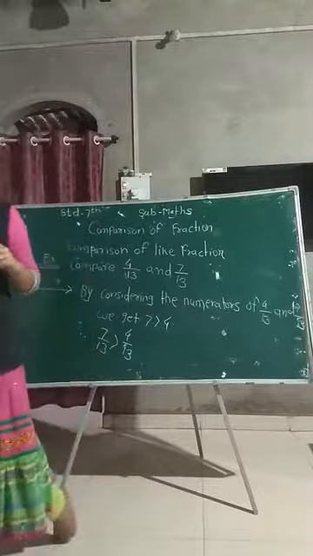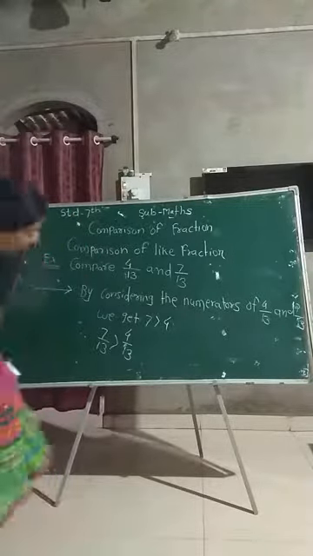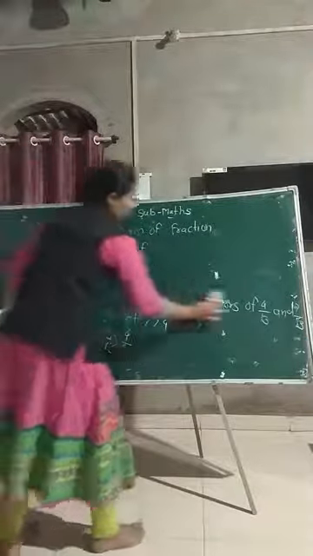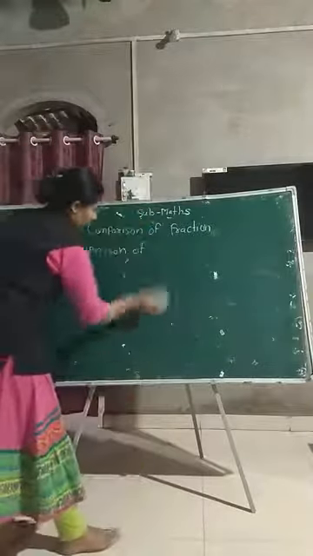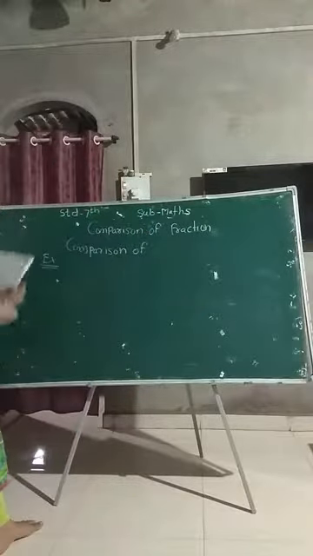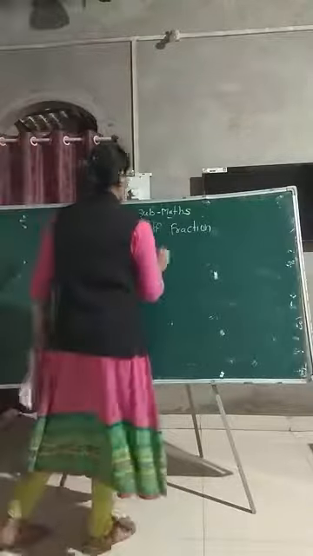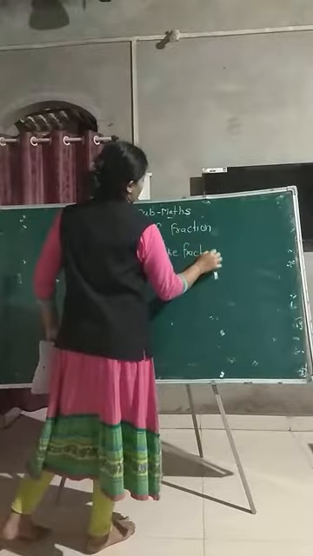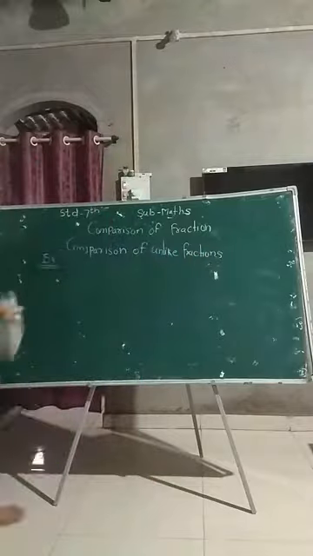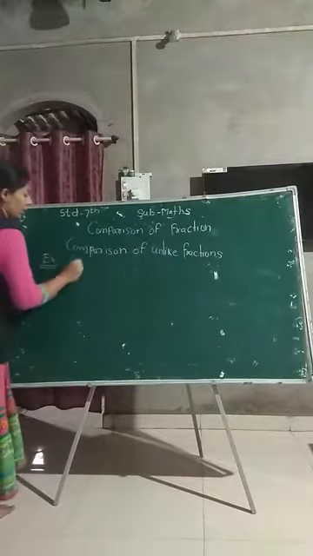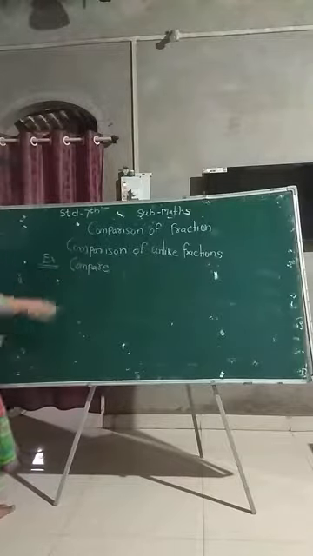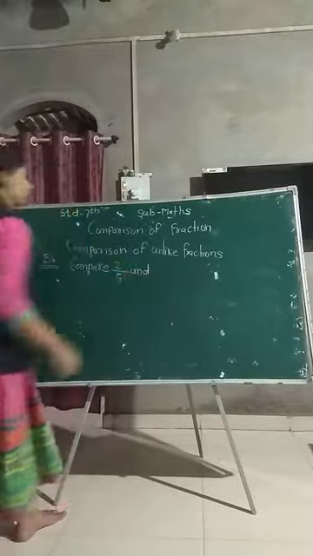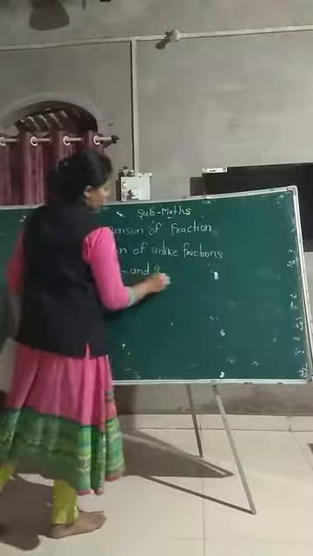Now see comparison of unlike fractions. An example is: compare 2 upon 5 and 4 upon 7.